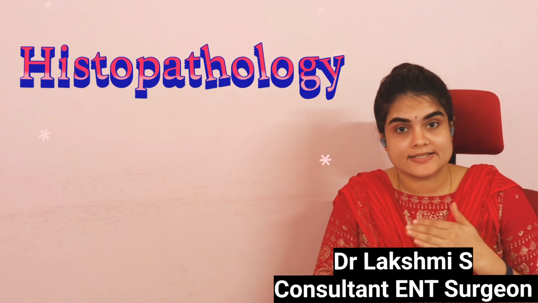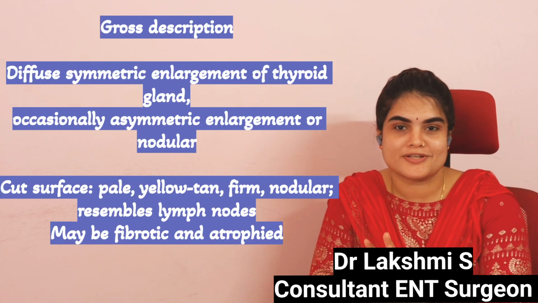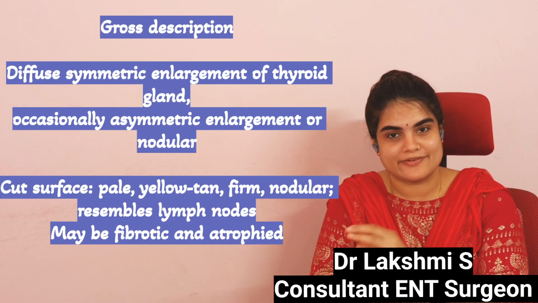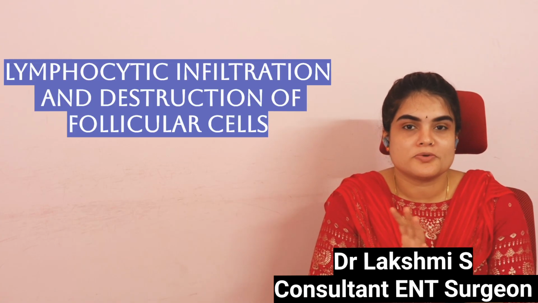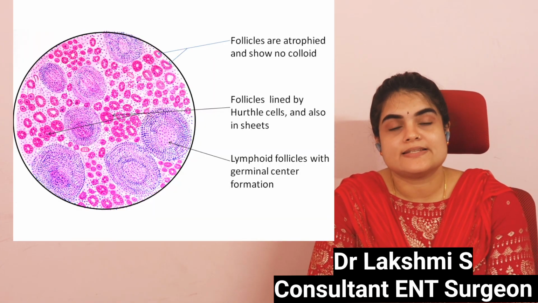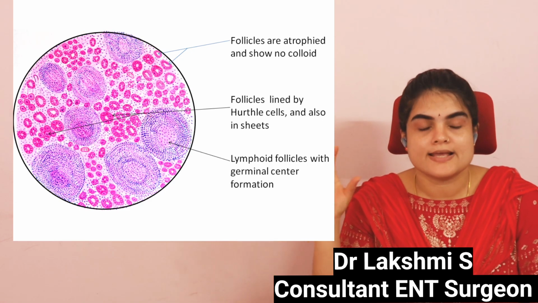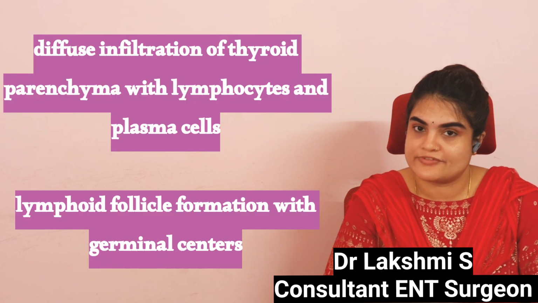I will discuss the histopathological features now itself because the pathology is mainly related to the histopathology. There is infiltration of lymphocytes. In histopathology you will see that the thyroid is fully infiltrated with lymphocytes and plasma cells, and there is destruction of the thyroid follicular cells so that thyroid hormone will not be produced effectively.